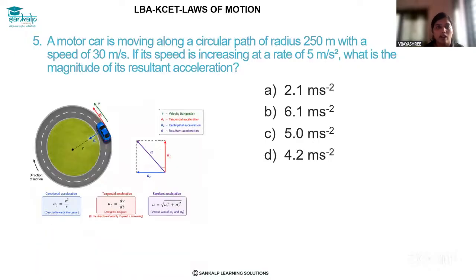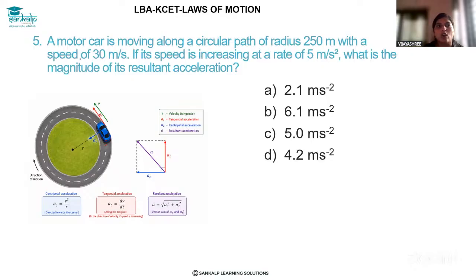So this is the diagram. Here you can see a circular track. The car is moving along the circular path. There are two kinds of acceleration acting on this. To understand the car's movement, we must look at the tangential acceleration and centripetal acceleration.